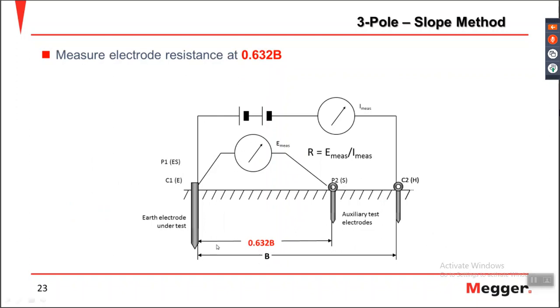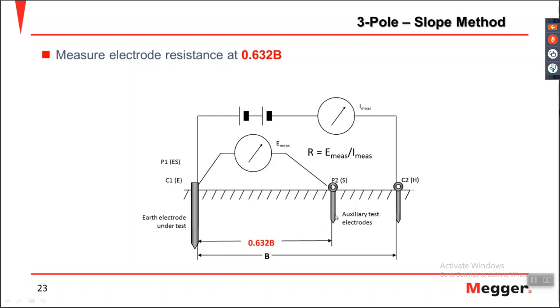If the distance from the electrode under test to the current probe is B, it means you need to put the potential probe at 0.632B. So the measurement at this position, we can use it for a true measurement.